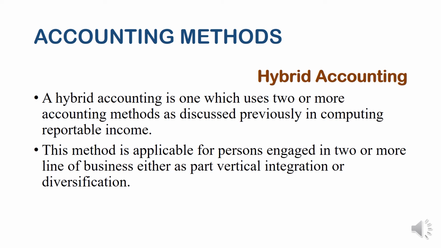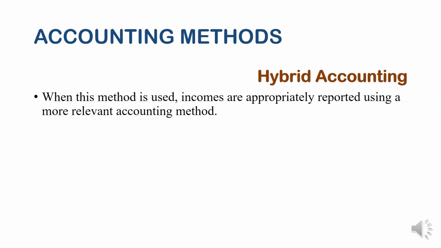We cannot report income using the same accounting method, especially if these methods are not applicable for the other line of business. When this method is used, incomes are appropriately reported using the more relevant accounting method.